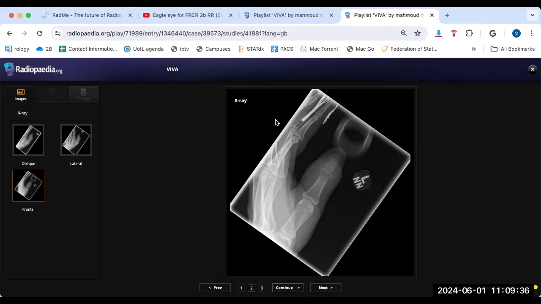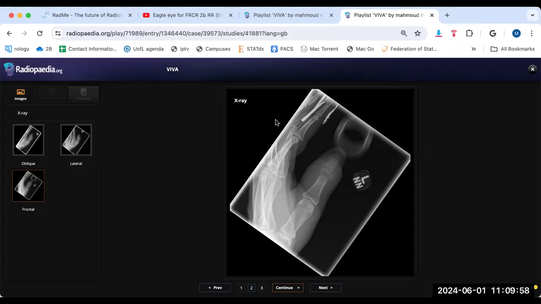I cannot see a frank lesion, and there is no frank soft tissue calcification. I think the proximal joint is normal and the others are normal.